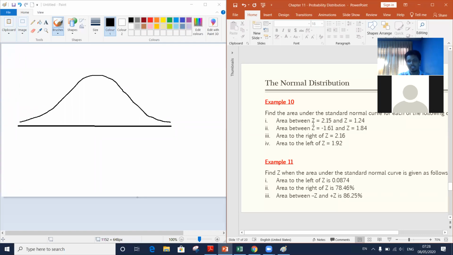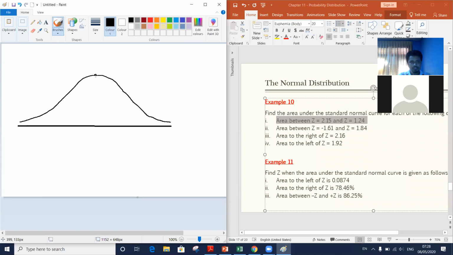The area between Z equals 0.15 and Z equals 1.24. Remember, the highest point of the curve is here. Coming down from that highest point, the Z value should always equal 0.